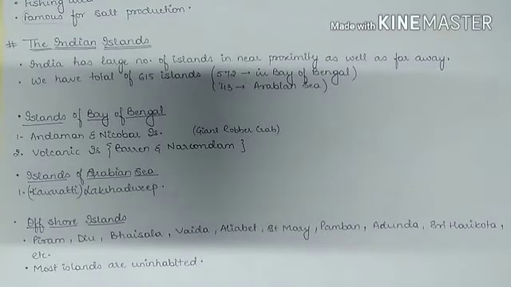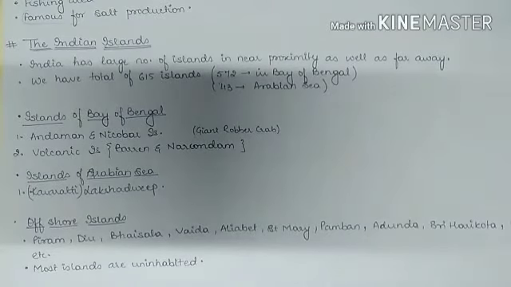So first we will look into the islands of the Bay of Bengal. The main islands of the Bay of Bengal are the Andaman and Nicobar Islands. Andaman and Nicobar Islands are separated from each other by the 10-degree channel.